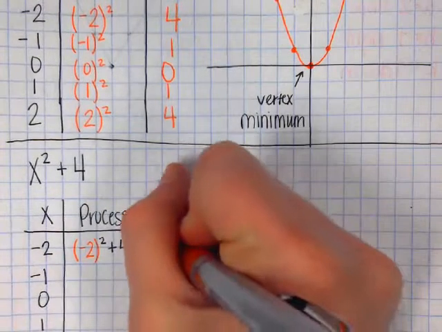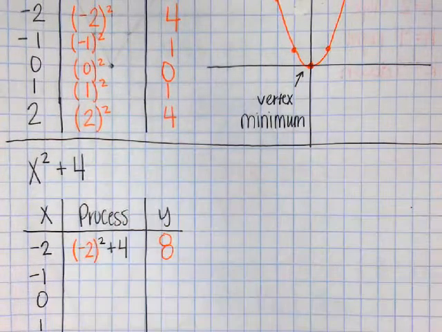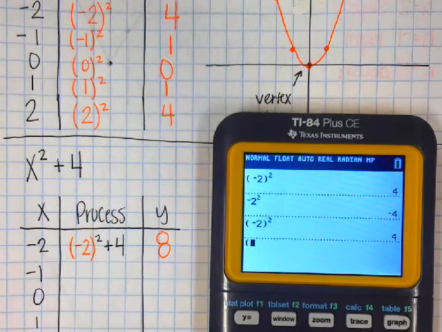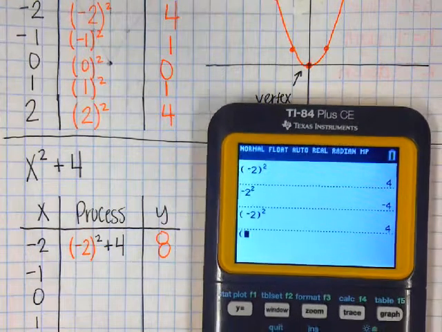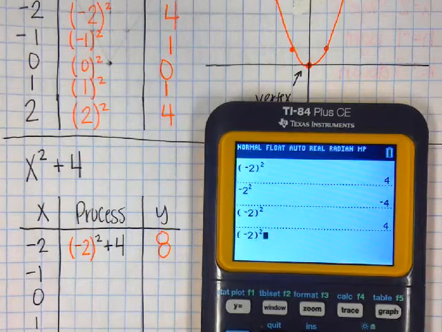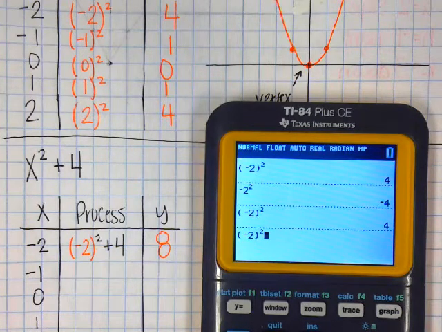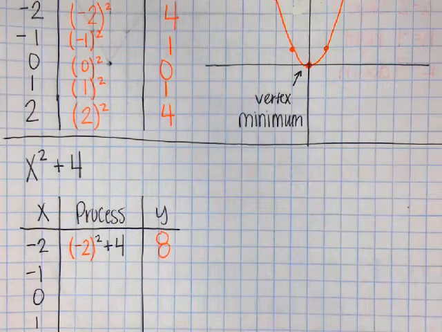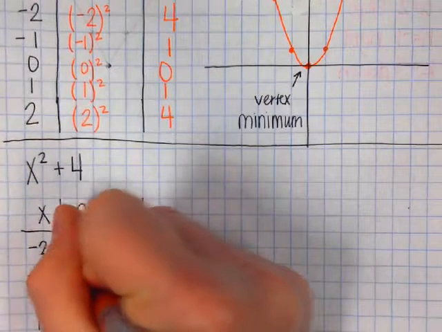It's 4. 4 plus 4 is 8. You can type this in your calculator, just you have to remember to do parentheses. So I'm going to do parentheses. Remember that's right above the 8. -2, close parentheses, right above the 9, squared, and then plus 4. It will give you your answer.